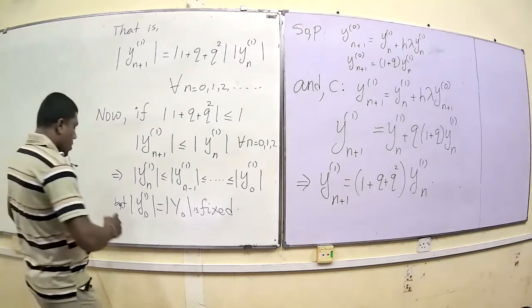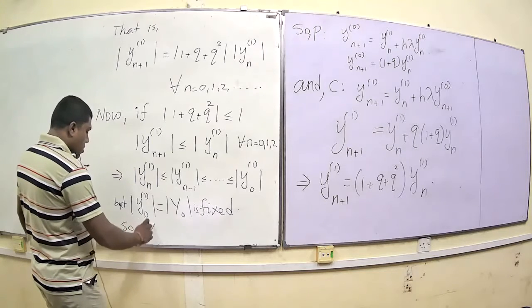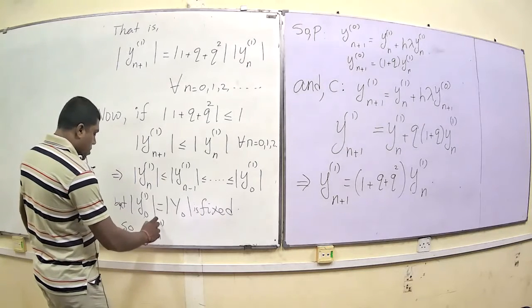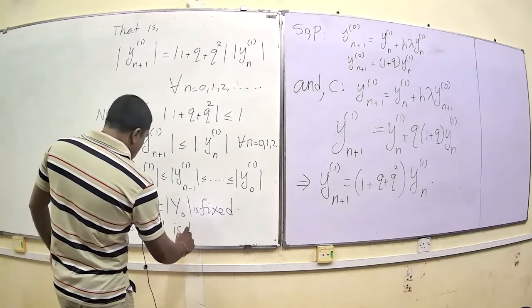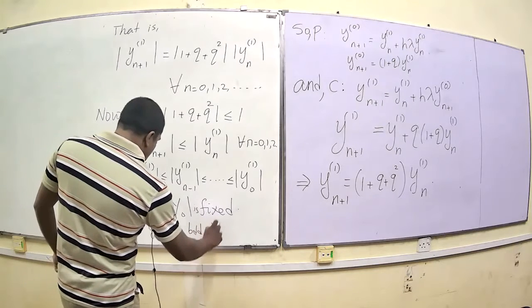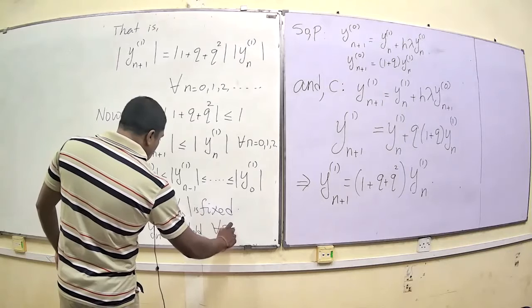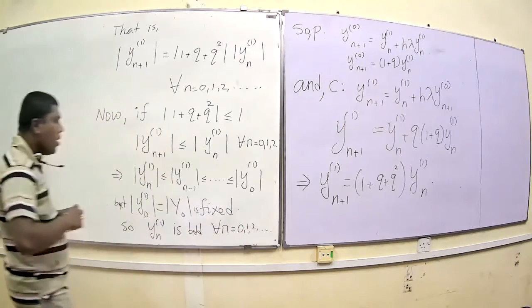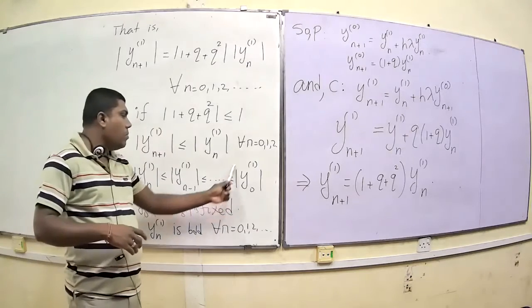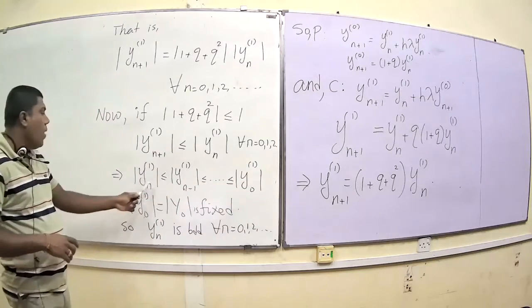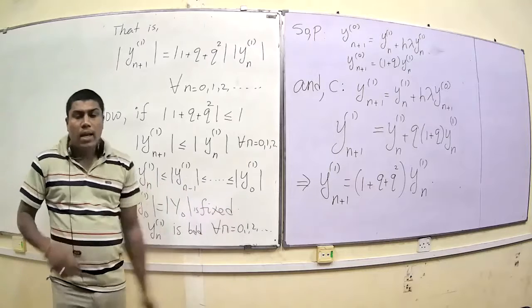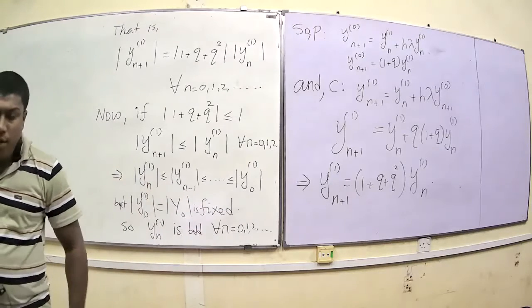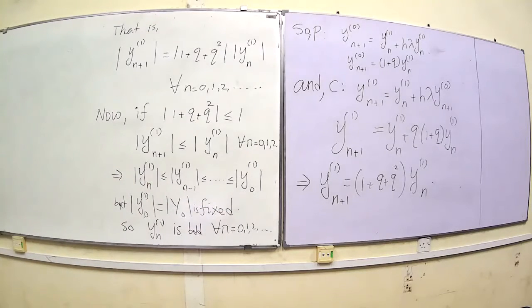So if this is a fixed value, then y_n is bounded by some fixed positive value.